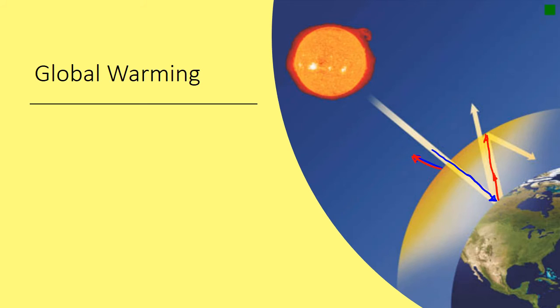When it does, those molecules absorb that infrared radiation and therefore heat up. That heat becomes part of the temperature of the atmosphere, and then those molecules radiate their own heat back down onto the surface of the planet.